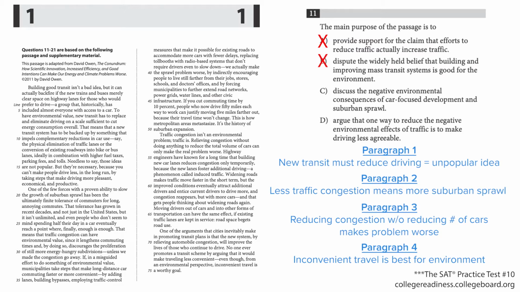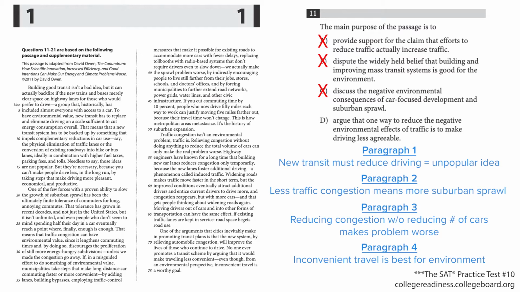The passage doesn't say this, so we can immediately eliminate that answer choice. Choice C, discuss the negative environmental consequences of car-focused development and suburban sprawl. Well, paragraphs 2 and 3 discuss those details, but those details aren't in the introduction or the conclusion, so I'd be very careful about selecting that answer.